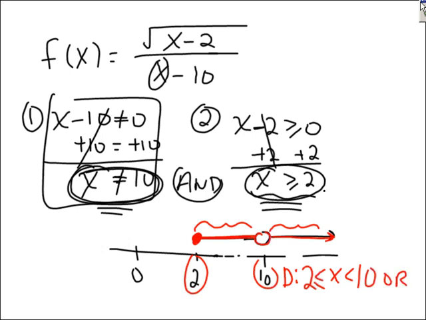Or, if you prefer, you can put the union symbol. Or, now we have the second piece. X is greater than 10. You know, there was no upper limit for me to put. All those numbers are greater than 10. They're not equal to 10, but they're greater than 10.